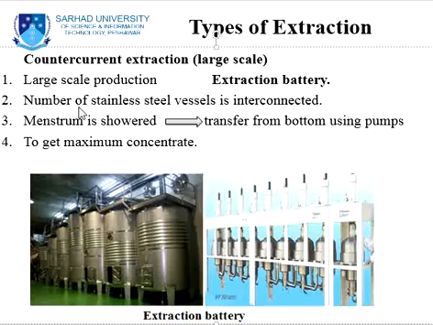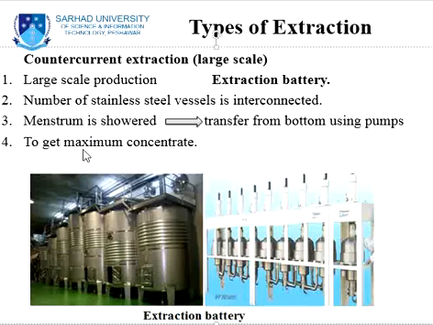The menstruum is showered from the top of the vessel, drips slowly through the crude drug, reaches the bottom and is transferred to the next vessel by using transfer pumps. And remember, it is a continuous process.